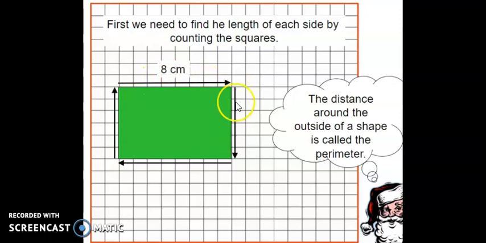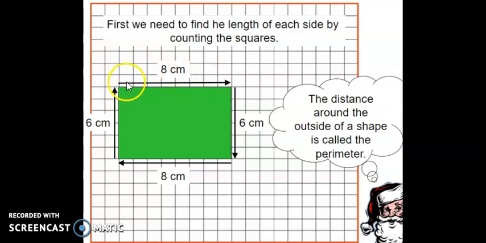If I count this side, it is 1, 2, 3, 4, 5, 6. It means it is 6 centimeter. Likewise, the distance from this side to this side is 8 centimeter, and the same like this, 6 centimeter. So we can count the length by using these squares also.